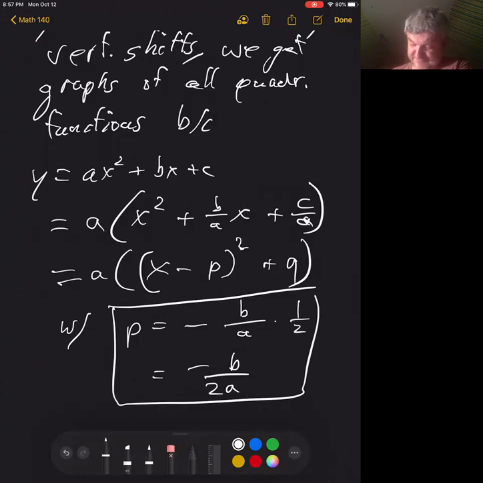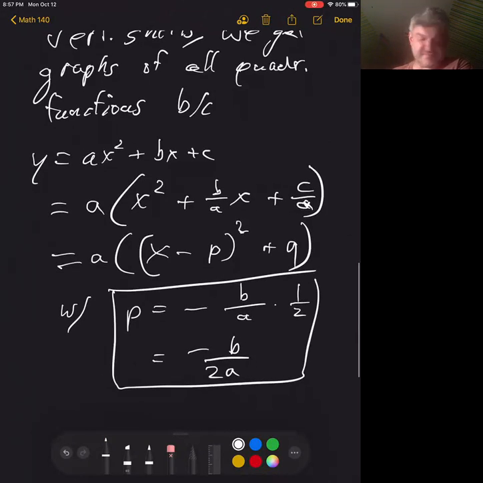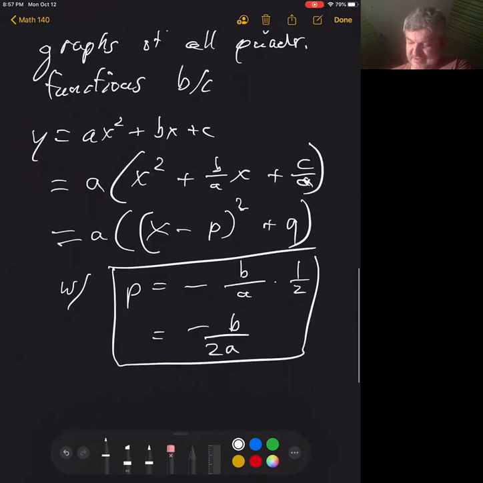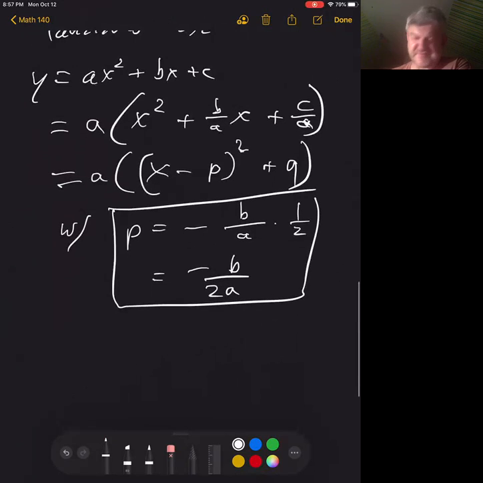Keep that in mind. And then there's a way to figure out the q from there. We've done enough completing the square. I want to jump in right there, when this quadratic function is already written in this convenient form, because we can read off the shifts.